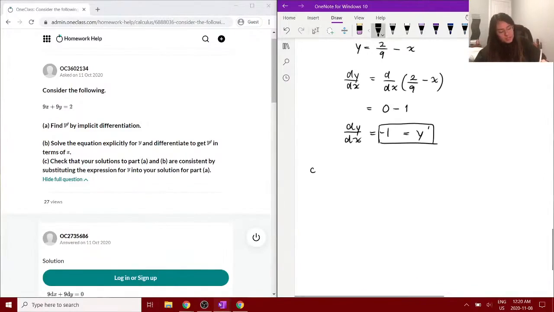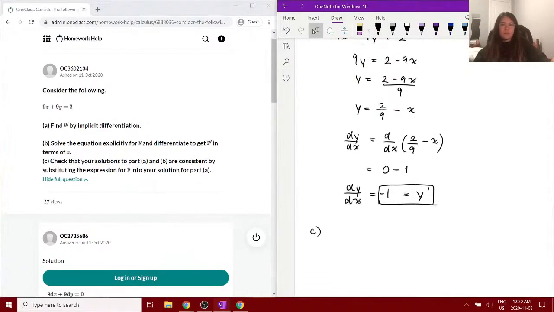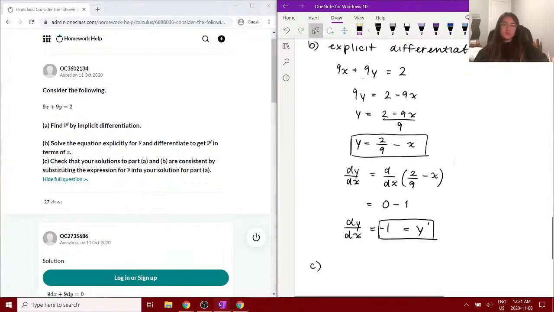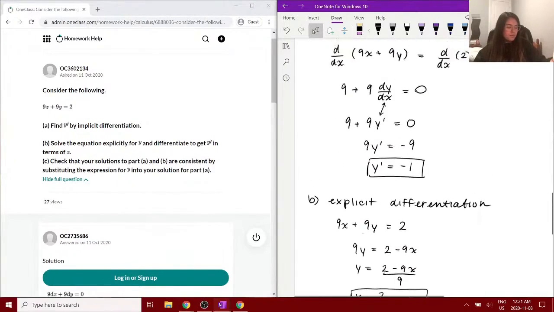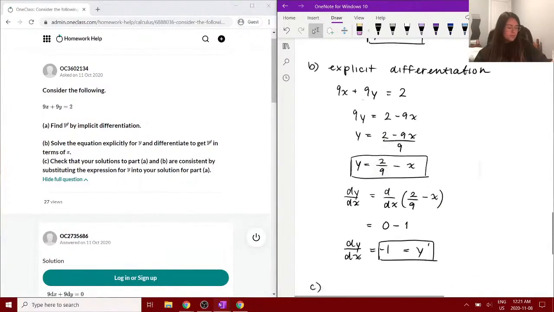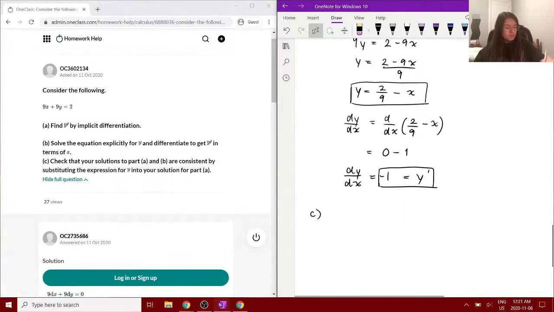So part C is just asking us to compare the solutions to make sure that they're consistent. It suggests subbing in this equation for y into the derivative of y. Remember we had dy by dx is equal to minus 1, right here.